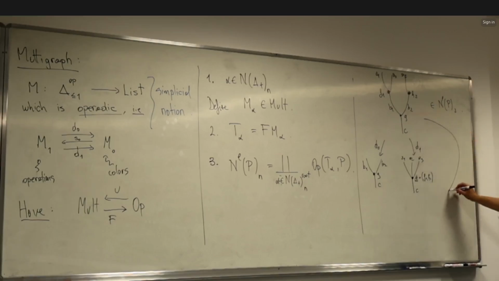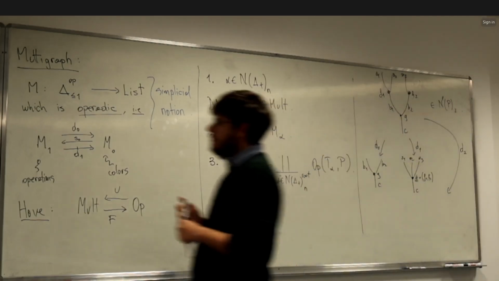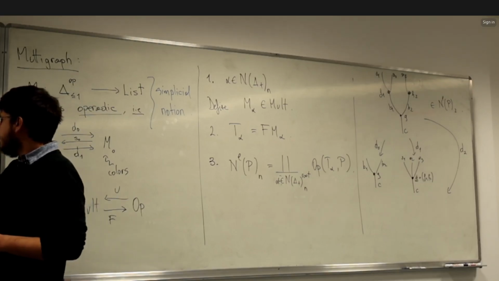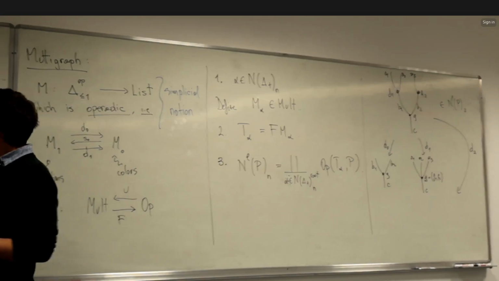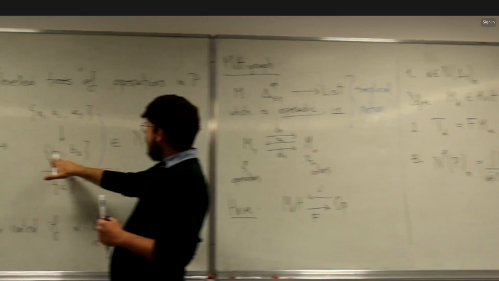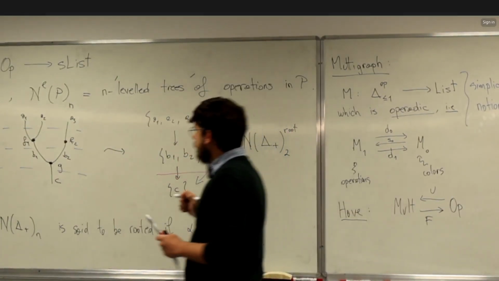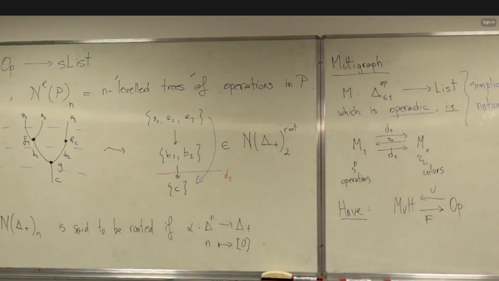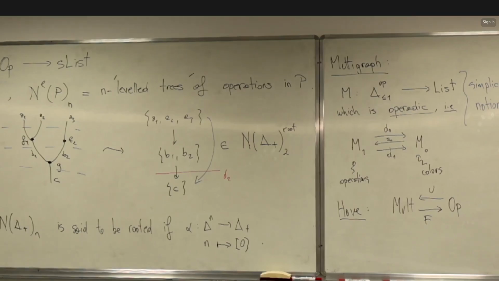The interesting thing in this approach happens when you try to do D2. When you do D2, for instance, to this simplex, you will cut this root. So you are left with things which are not anymore rooted. Okay? So what happens when we cut this last layer?